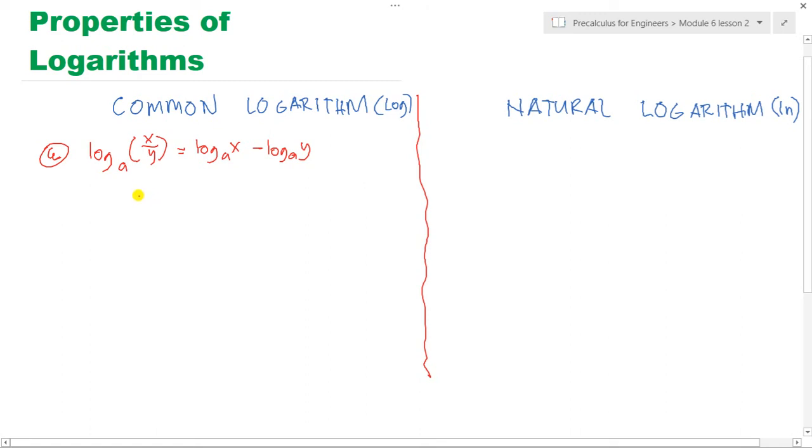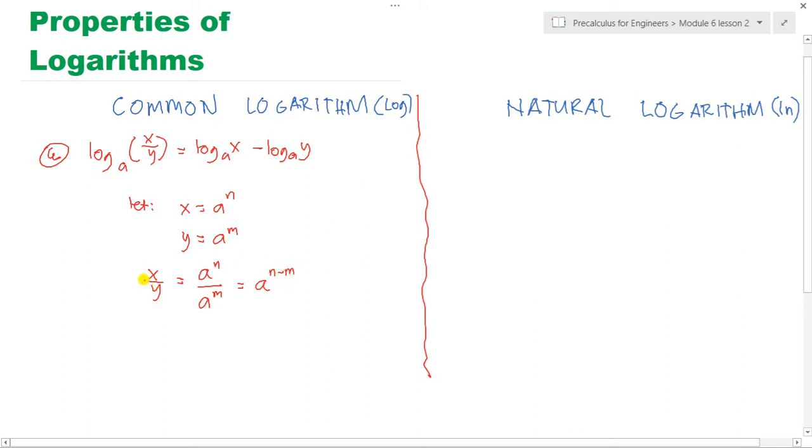In order to prove this, gamit lang pud ato. Let's say we let x is equals to a raised to n, then our y is equals to a raised to m. So if we're going to divide x and y, that is x over y, is just equal to a raised to n all over a raised to m. That is equal to a raised to n minus m.